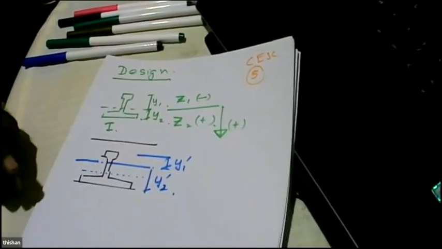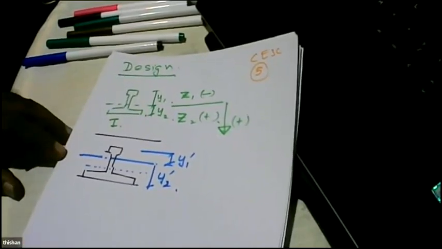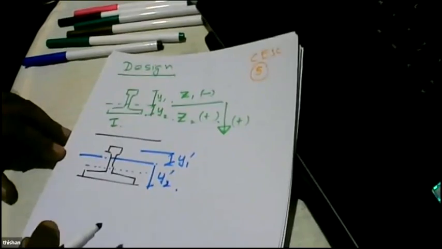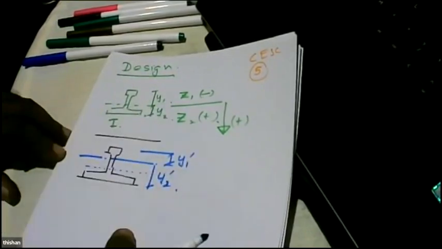So we have to be very clear about this, because we are designing the pre-stress beam. So what happens is, once we place the concrete, we fill up all this area.